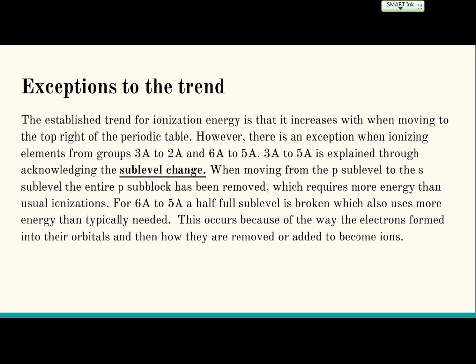Boron is going to require less energy because you're just removing it from this p orbital here. But since this one's in the s orbital, it requires a lot more energy to remove, because it's in the s block, which is closer to the protons.